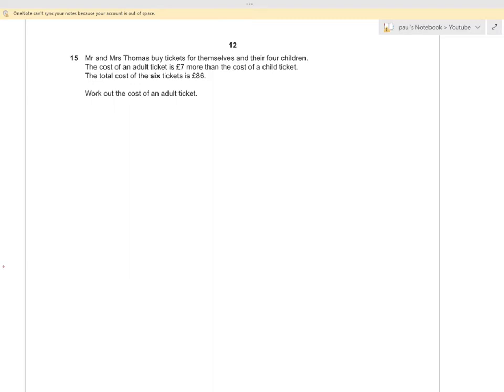So, 4 children. What's that? So we've got 2 times x, which is the child's ticket, plus 2 times x plus 7 equals 86. Oh, this is a good one.